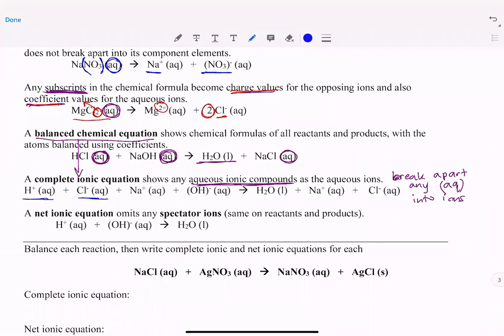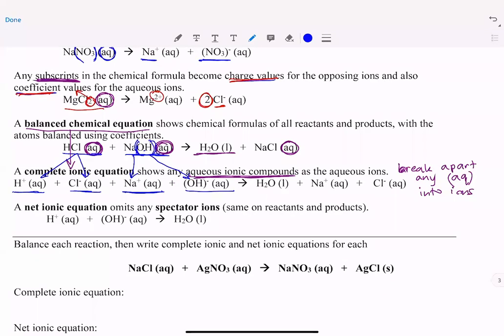H plus and Cl minus is what comes from this HCl. The NaOH, you also need to break apart into ions. So in the complete ionic equation, you're going to end up with the Na plus and also the OH minus. Notice you need a parentheses around the OH. It doesn't break apart into separate ions. And this is Na plus aqueous ion and OH minus aqueous ion.